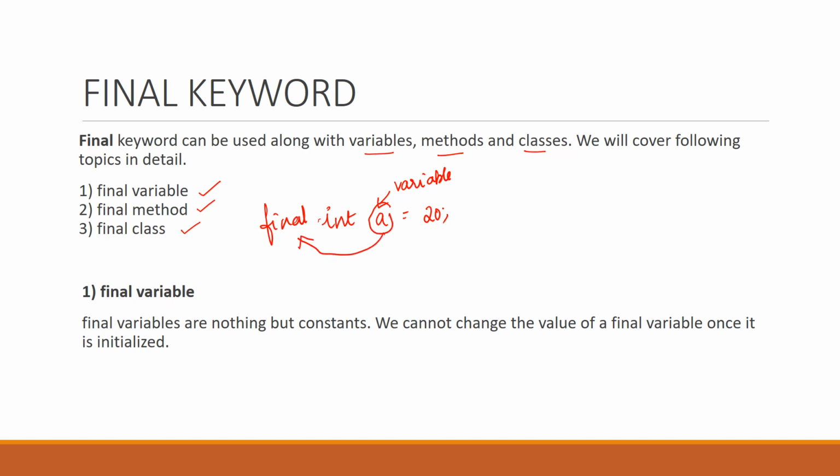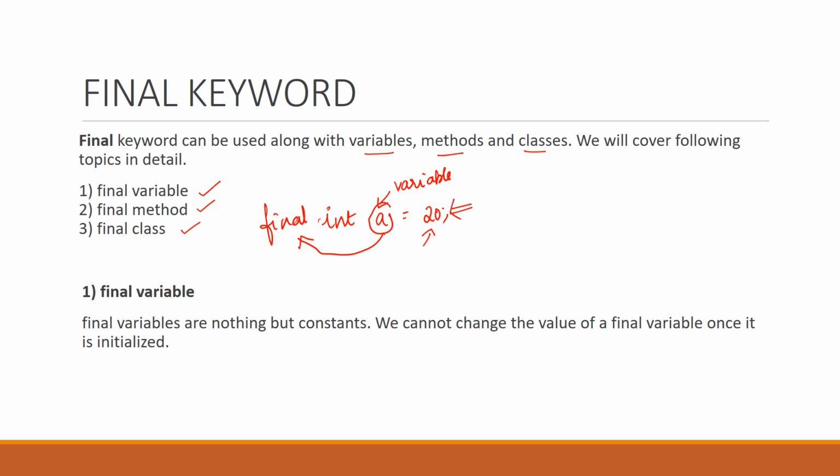So what is a final variable? Final variables are nothing but constants, and we cannot change the value of a final variable once it is initialized. So if you have initialized a is equal to 20 and it is assigned as final, then you cannot change the value of a.